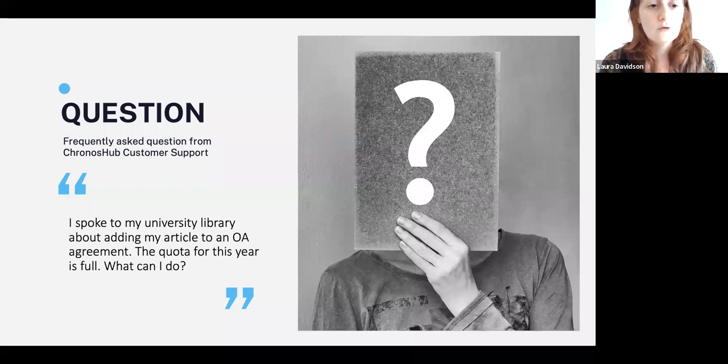So one that we have had recently: a researcher says, "I spoke to my university library about adding my article to an open access agreement. The quota for this year is full. What can I do?" So in this case, we referred them back to their library because there could be various reasons for that. It could be to do with, Romy, what you said at the beginning, the point in the publishing process at which the article can be added to the quota.